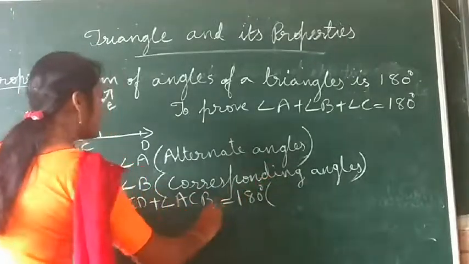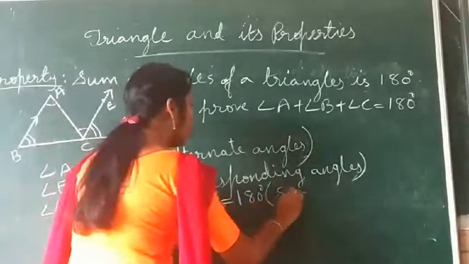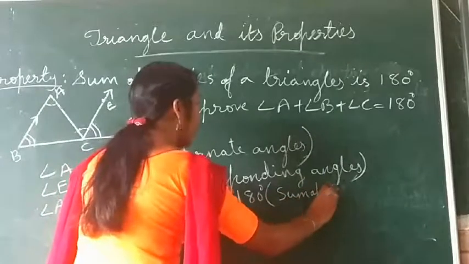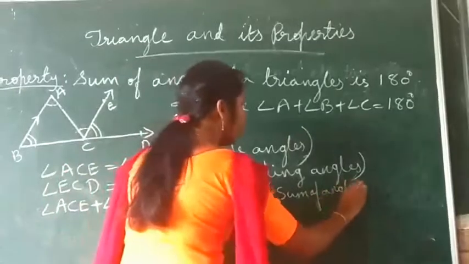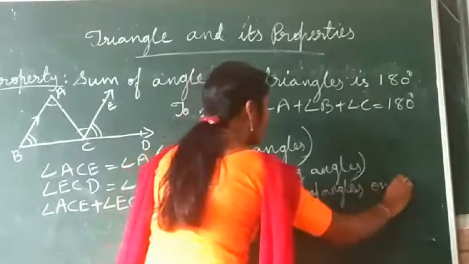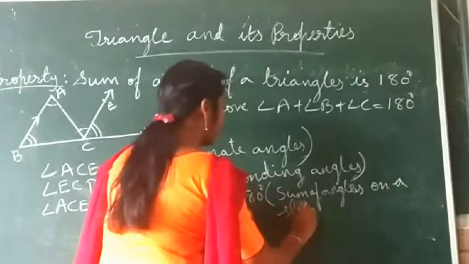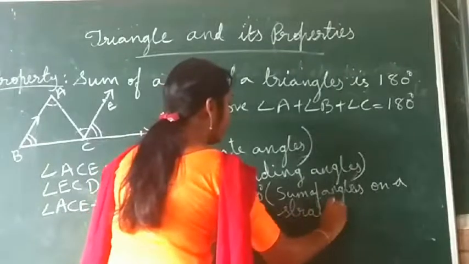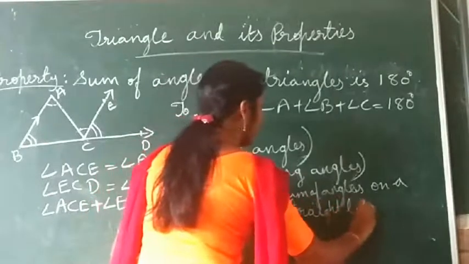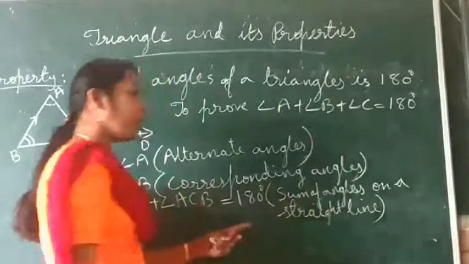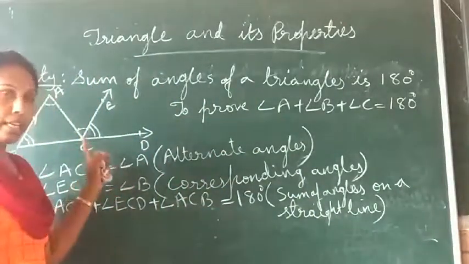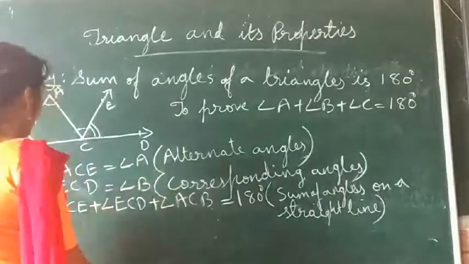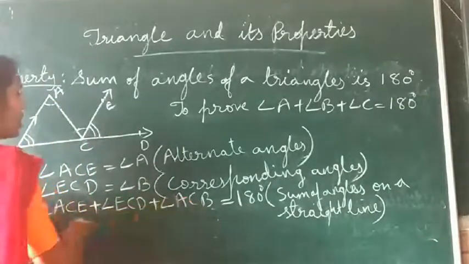The reason is that the sum of angles on a straight line, at a particular point, is equal to 180 degrees. Therefore, the sum of these three angles is 180 degrees.